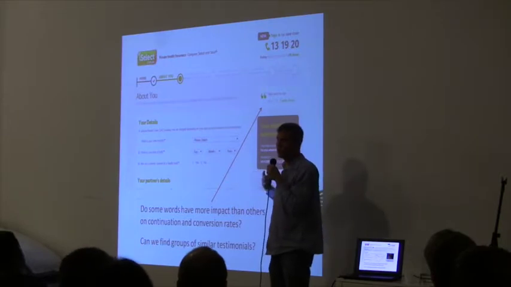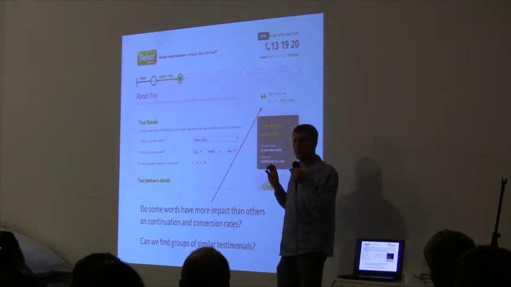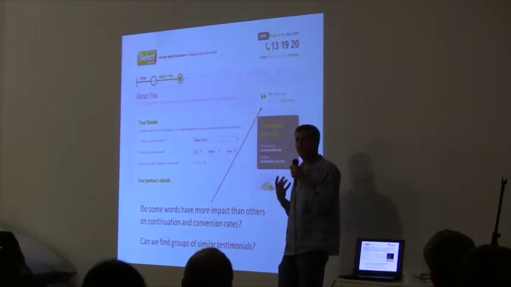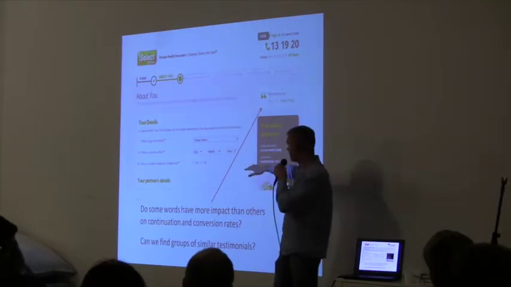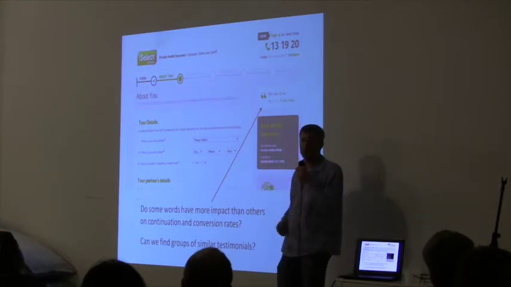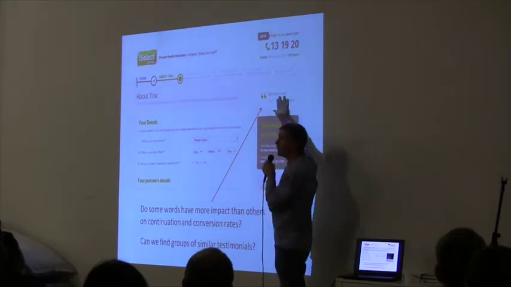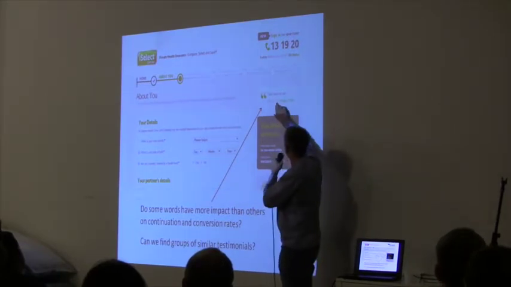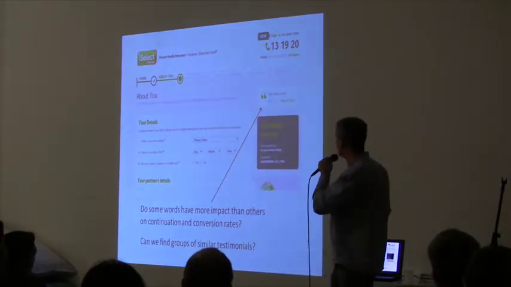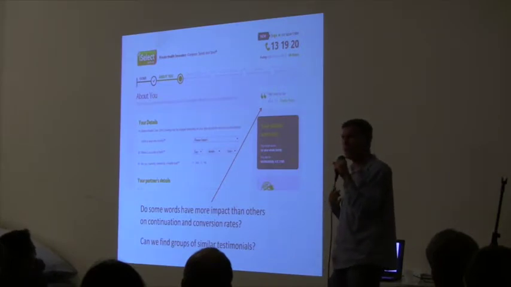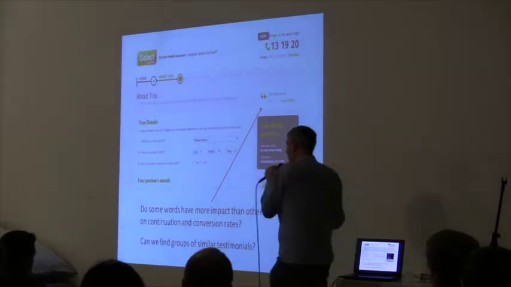Ultimately, this project was about identifying which testimonials give us the biggest uplift in terms of our continuation rates, so people going on to the next page, and ultimately conversion rates, people who actually transact with us. We don't care if it's very easy to use or easy to use. We want to know which content is most predictive of that success. Unfortunately, we haven't got that far.